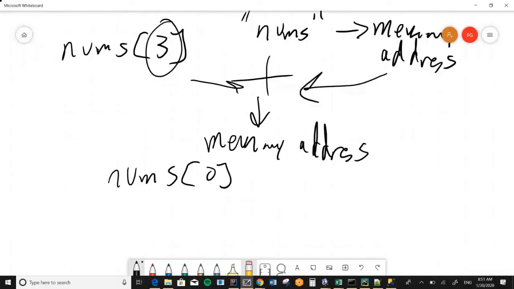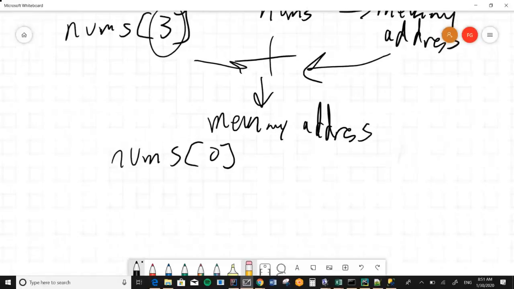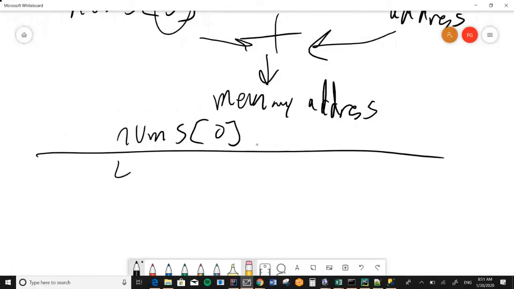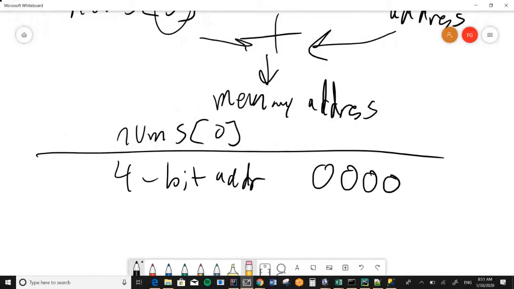And of course, the very first memory location has to be 0. Because when we think about binary, and even strictly positive binary numbers, let's imagine 4 bits. So if I've got a 4-bit address bus, the very first address is 0000 or 0.